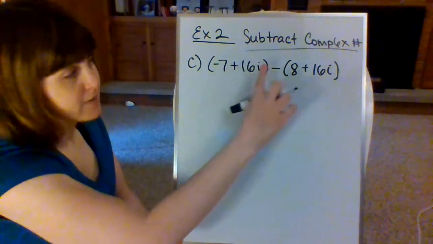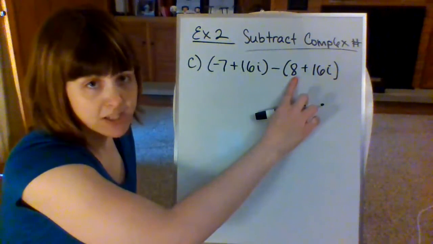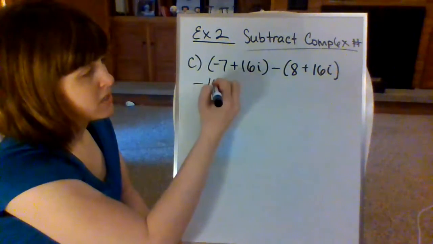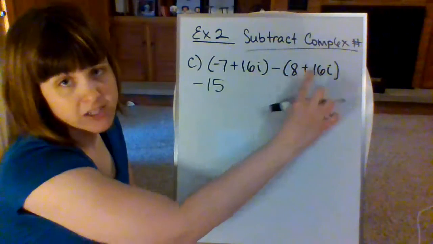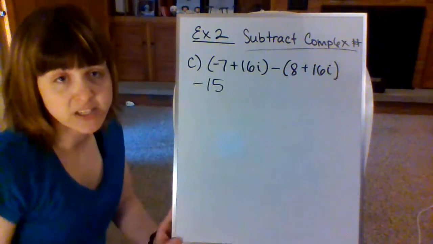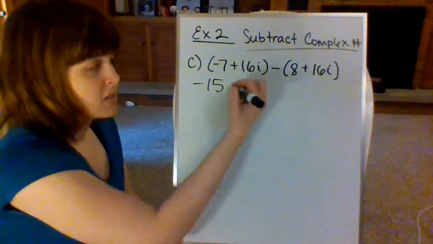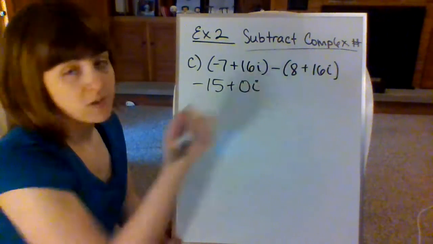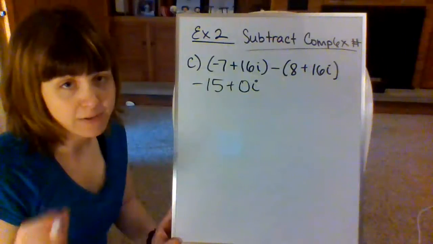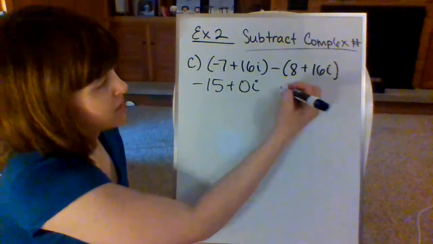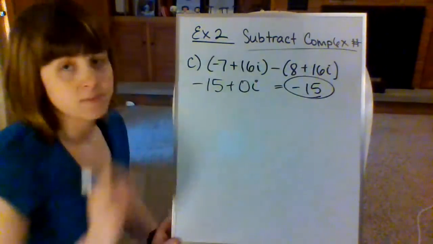So negative 7 minus 8 makes negative 15. And then 16i minus 16i. Those are going to cancel out, and that's 0. So our final answer is going to be negative 15. So that's it.